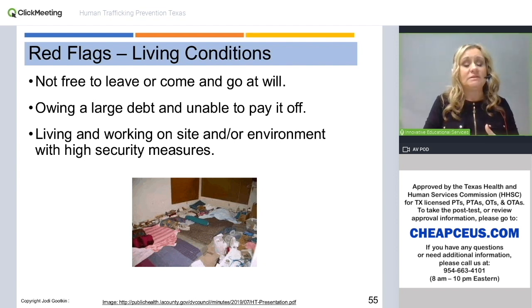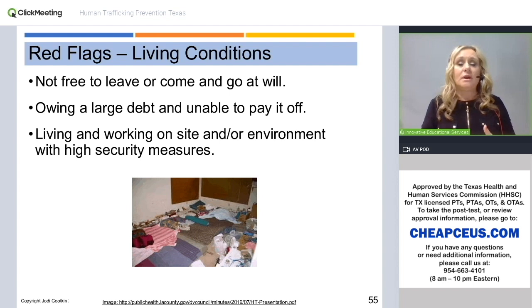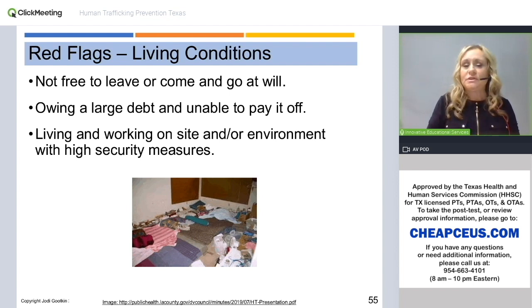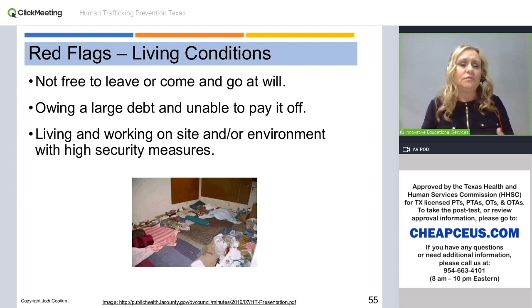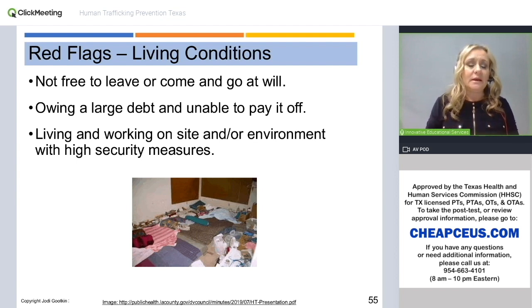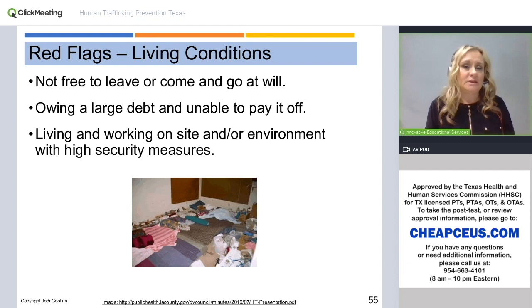When you're talking about their sleeping situation, for example, are they saying that they sleep on the floor, they don't have a bed? This image is from an actual case in California where it was an old apartment complex where there were sewing rooms put in, and then in the basement were the living quarters for the workers.